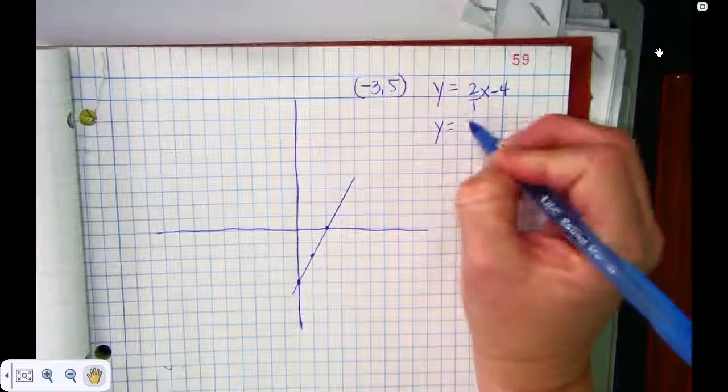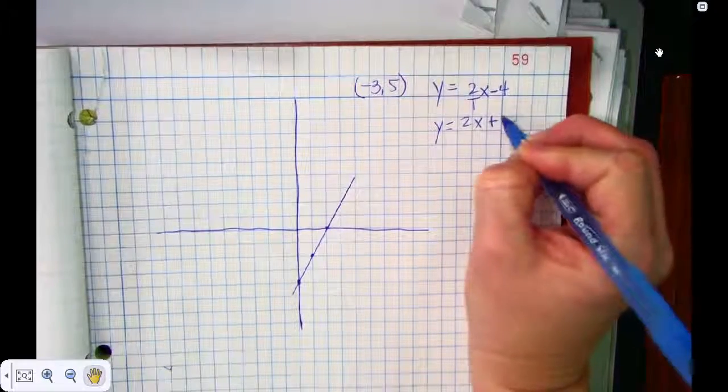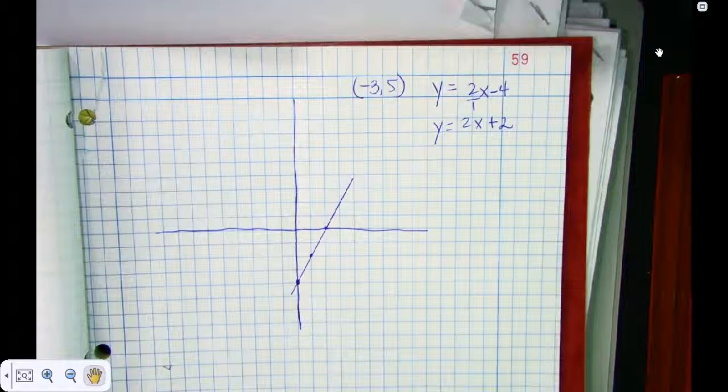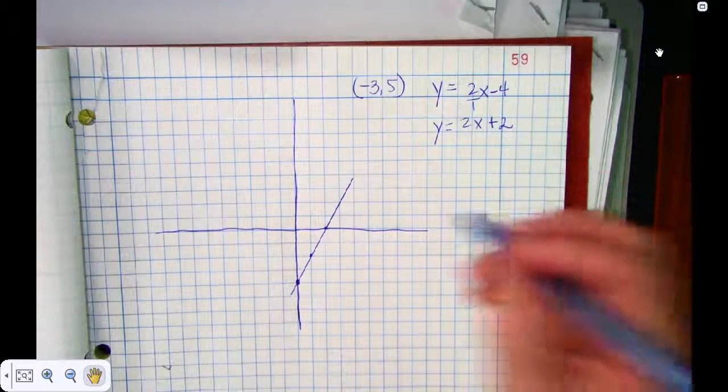Okay, now go graph y equals 2x plus 2. Okay.